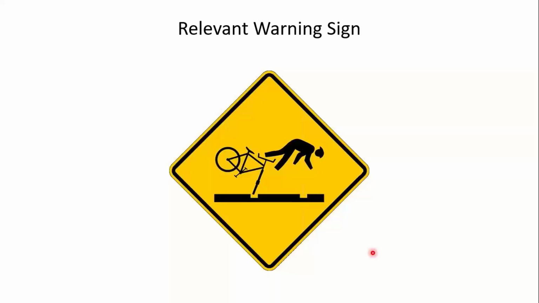I like this warning sign. I think it satisfies the MUTCD requirements of a warning sign, but also notice even the little detail of the bicyclist wearing a helmet. I like that sign. I think it's very effective in describing what the problem is.